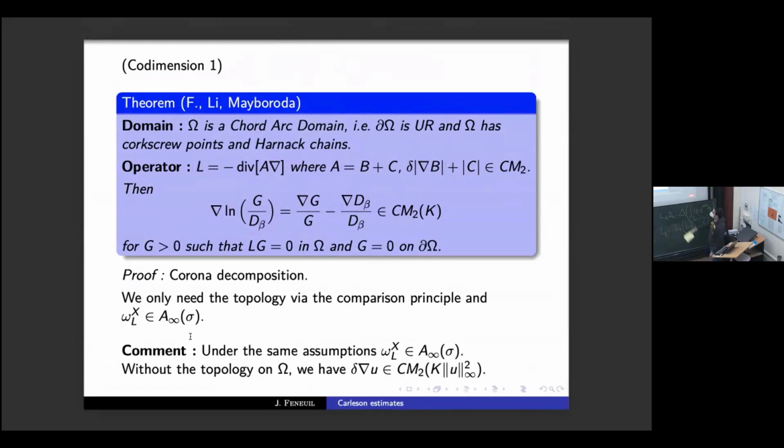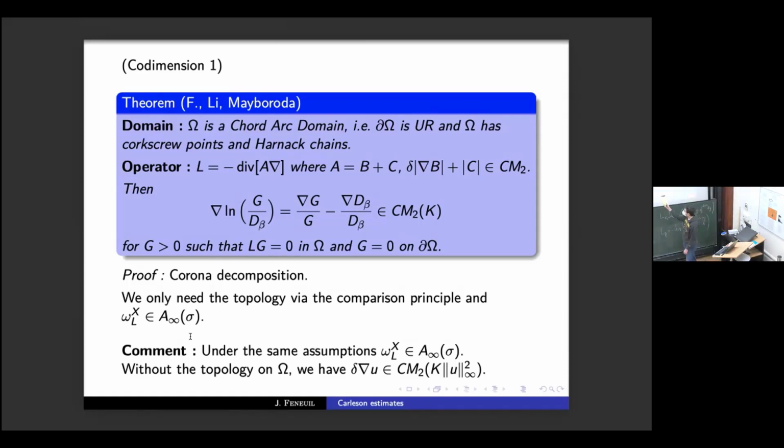We don't know exactly the best condition. We know that if Gamma is a chord-arc domain, so we use that the boundary is uniformly rectifiable and you have enough connectedness inside the domain, so Harnack chain and corkscrew points, then you have the same result for all operators which are DKP, where DKP stands for Dahlberg-Kenig-Pipher.